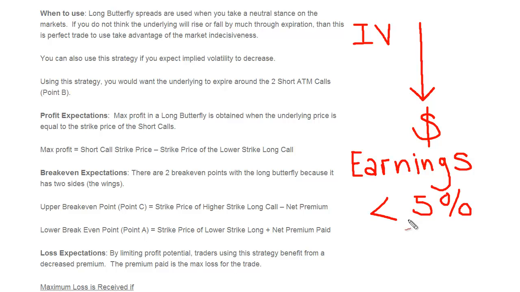If you find ones that move about 5% or less over earnings, and then the volatility drops, let's say 20 to maybe 30%, that IV drop over earnings, they typically make a pretty good return. So that's just another time that you might use this type of strategy.